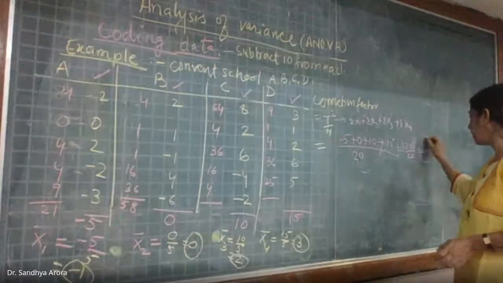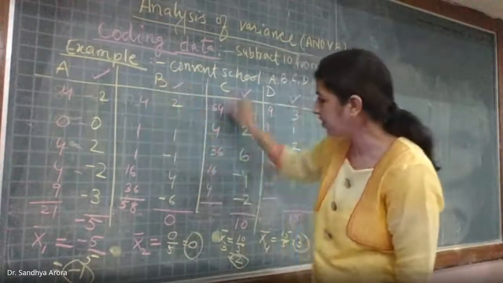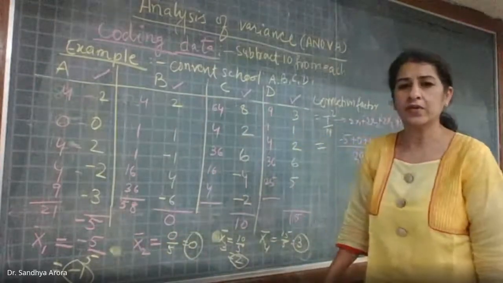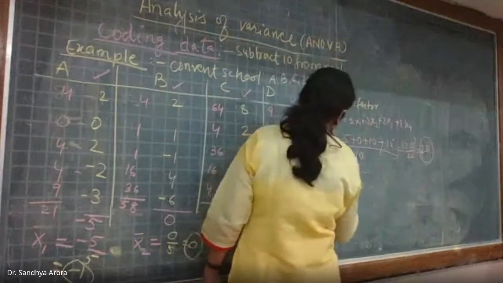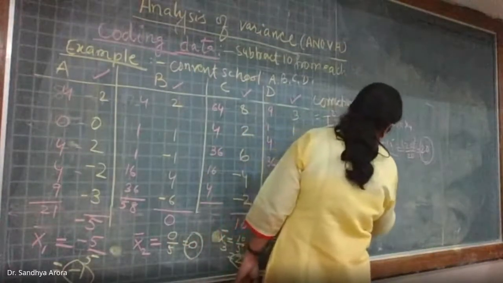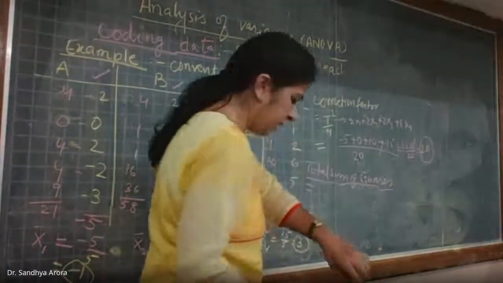Now this correction factor is 20. What is the sum of squares for this? Plus this plus this plus this and so on will give you the total sum of squares. So what is the total sum of squares? Girls, please fast.